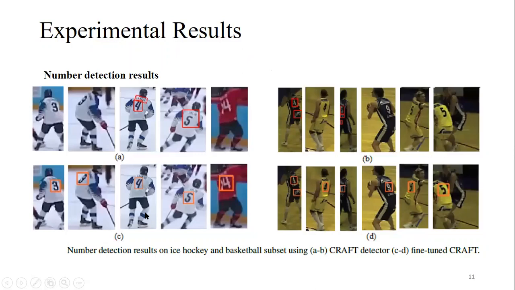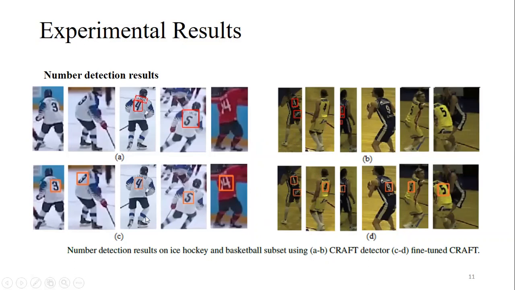In this slide, we present the experimental results for number detection across different sports, ice hockey and basketball. Subfigures A and B represent the number detection using a pre-trained CRAFT model on an ice hockey and a basketball subset respectively.